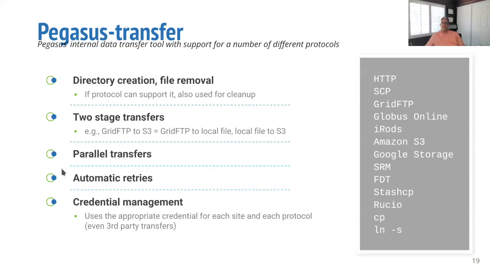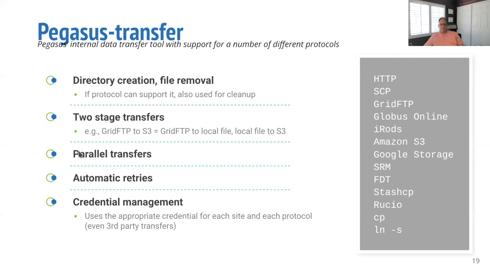The other thing is parallel transfers. It's a threaded tool, and even with things like, let's say, HTTP, which is not really threaded in the protocol itself, we can get really good performance because we can run multiple transfers in parallel. In general, this is actually so powerful that we have to be careful about it.